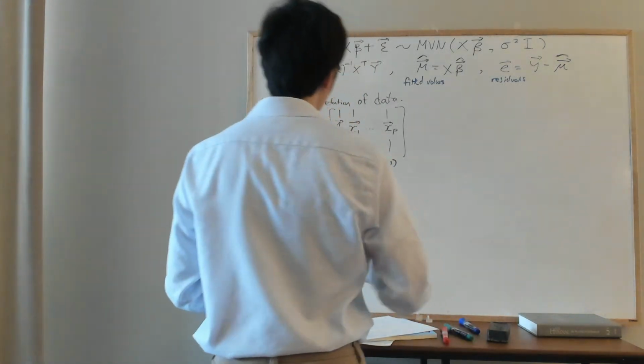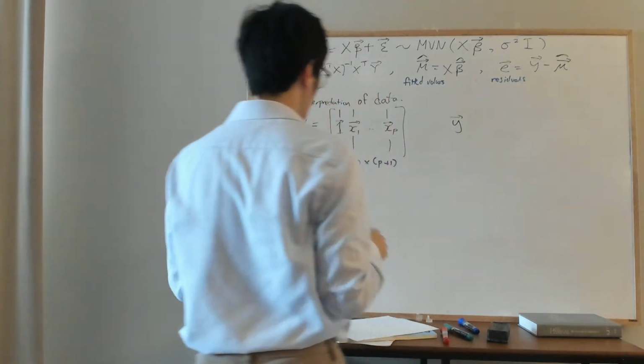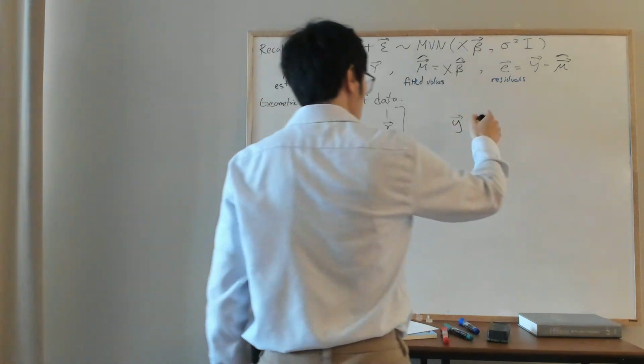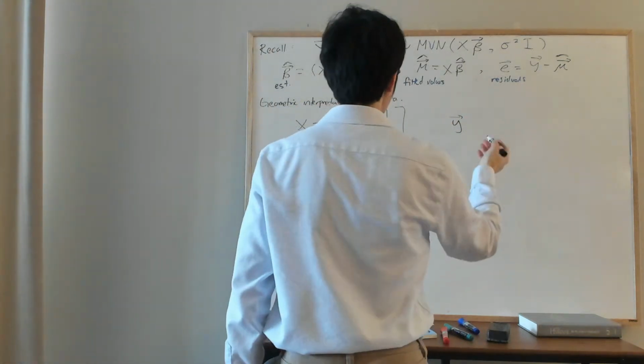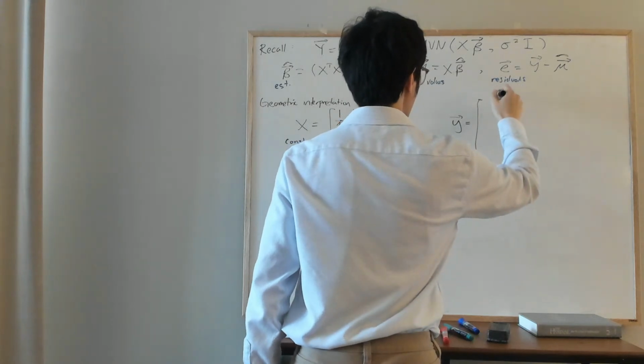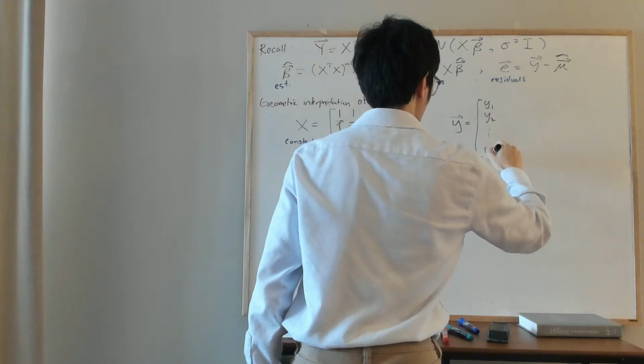So we can think of y, the vector of y. I'm thinking of this as the data we actually have, so I'm going to write lowercase y here. What is y? We know it consists of a vector y1, y2, up to yn.